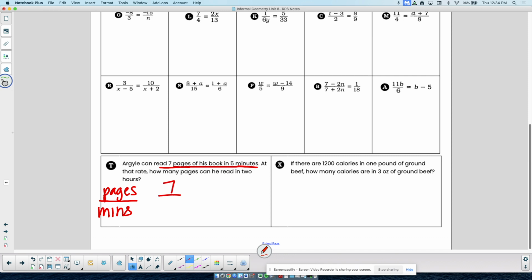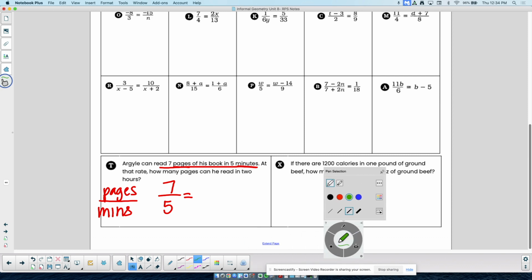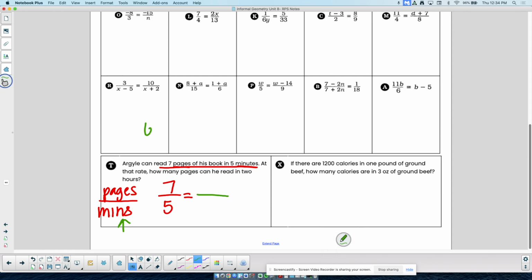So 7 over 5 is equal to, how many pages can he read in 2 hours? Well, I have minutes, not hours. So how many minutes are in 2 hours? Well, there's 60 minutes in 1 hour, so take it times 2, get 120. So x over 120. So you guys come back and solve that.